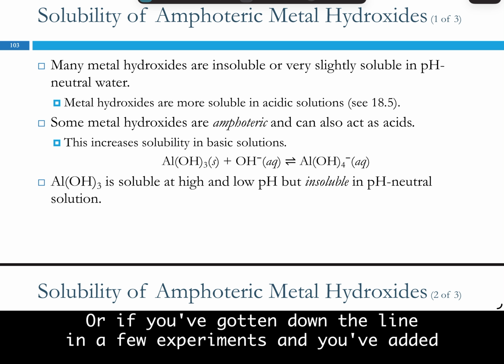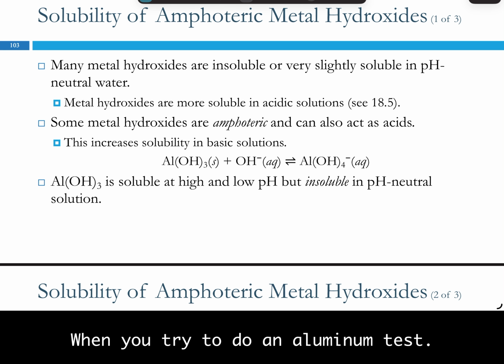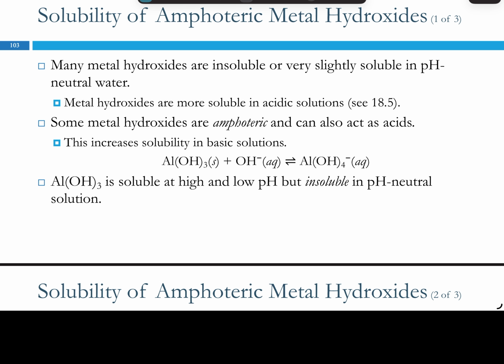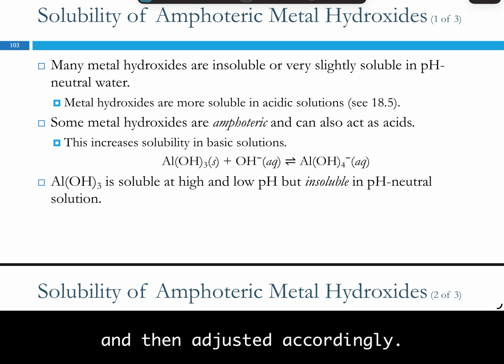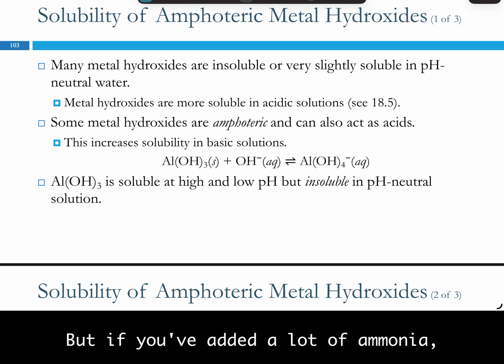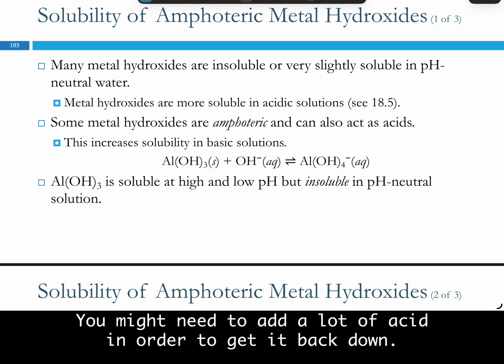Adding too much acid, or if you've gotten down the line in a few experiments and you've added acid, you've added base, you've added different things to your solution, when you try to do an aluminum test, you need to know what the pH of your solution is and then adjust it accordingly. But if you've added a lot of ammonia, then it might be buffered really well. You might need to add a lot of acid in order to get it back down.